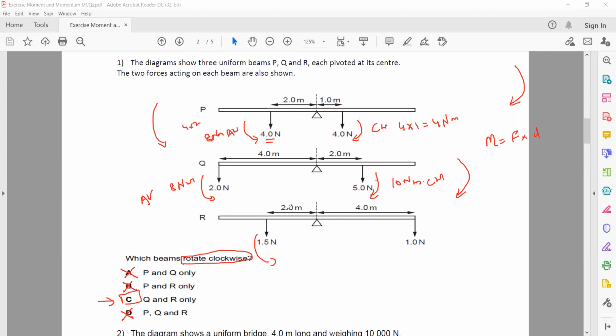For R, 1.5 into 2 is 3 Newton meter, and 1 into 4 is 4 Newton meter, so that will also rotate clockwise. So Q and R will rotate clockwise, but P rotates anti-clockwise. Those options which include P cannot be the right answer. All options A, B and D include P. So that's why it is C.